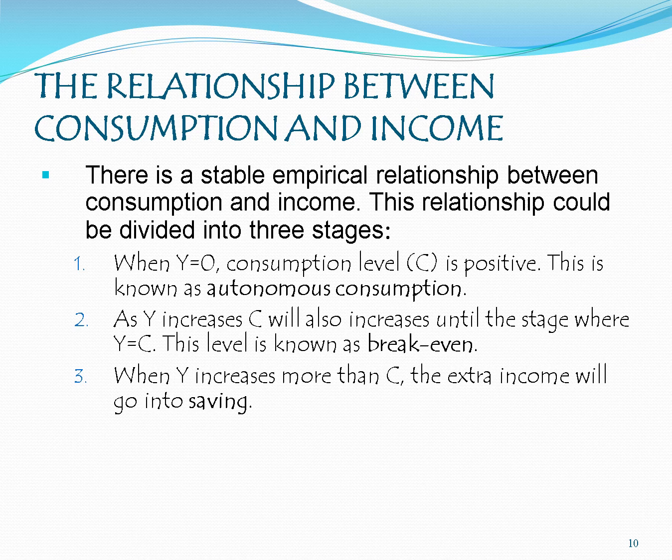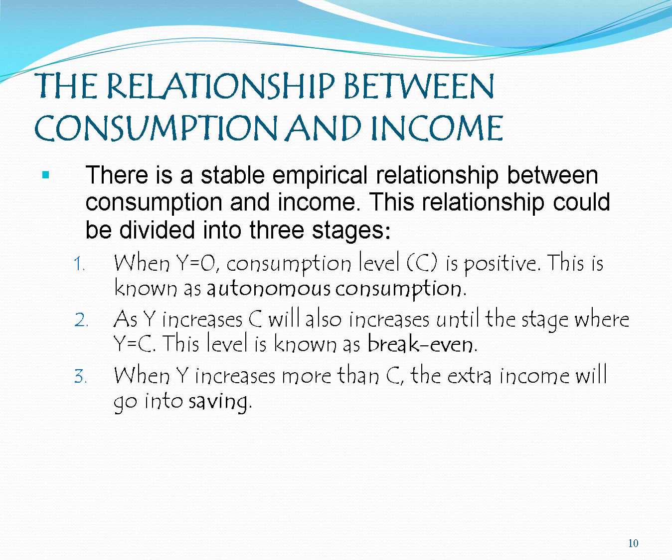That is what Keynes said. There is a stable empirical relationship between consumption and income. This relation could be divided into 3 stages. When Y equals 0, if your income is 0, the consumption level is positive. This is known as autonomous consumption. It's a fixed amount of consumption even if your income is 0.